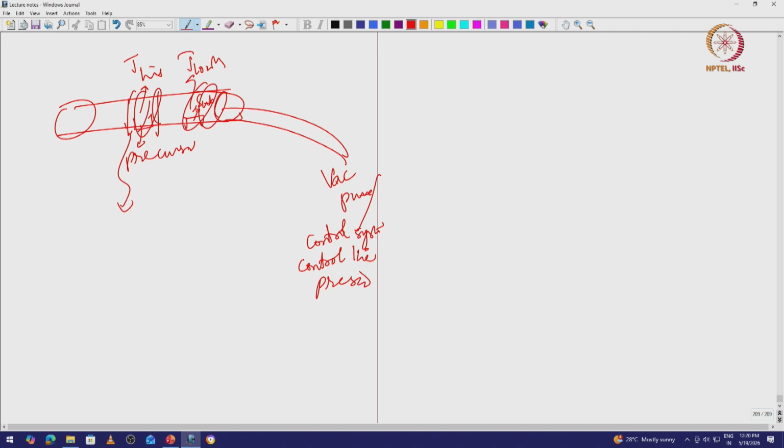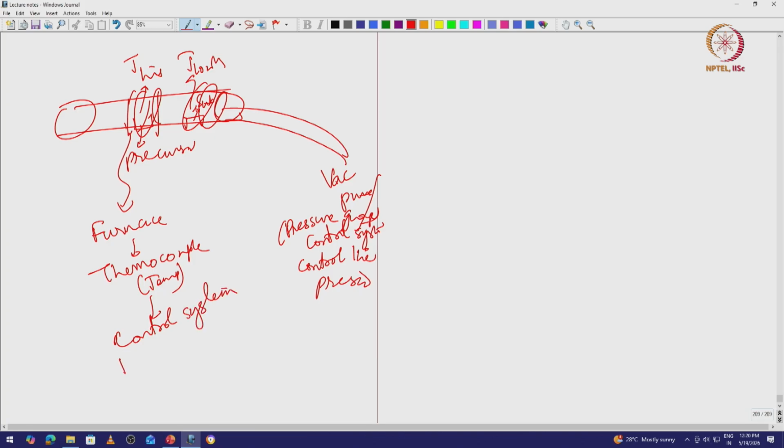The furnace has a thermocouple. The control system gets its signal from the pressure gauge. The thermocouple measures the temperature, and from the temperature I can also design a control system to precisely set and control the temperature.